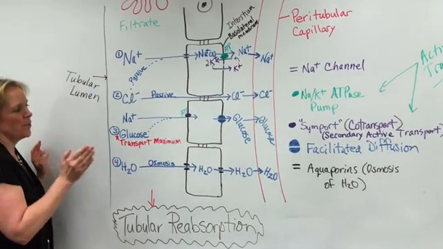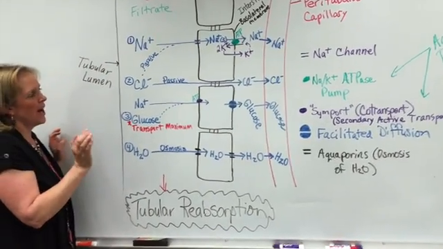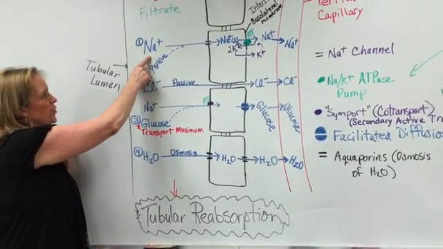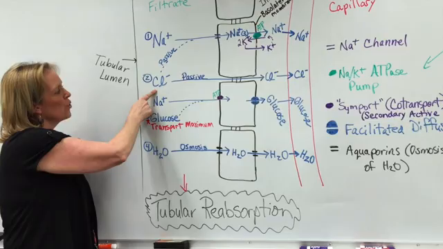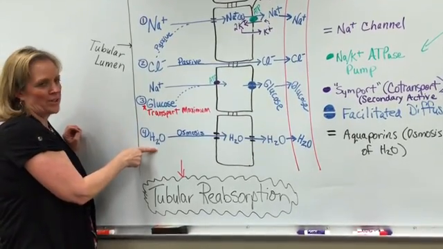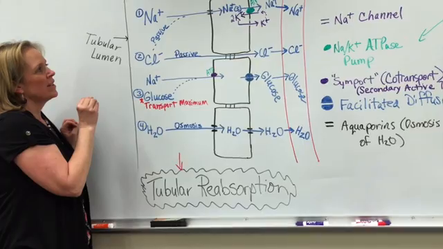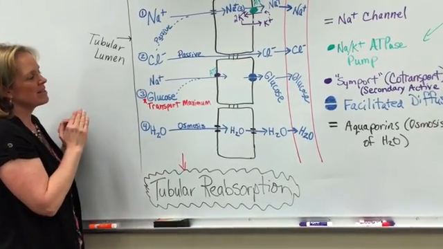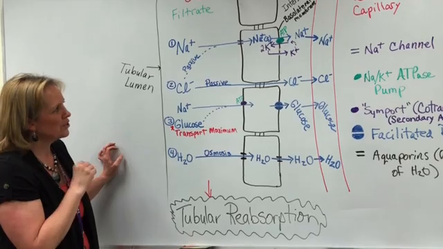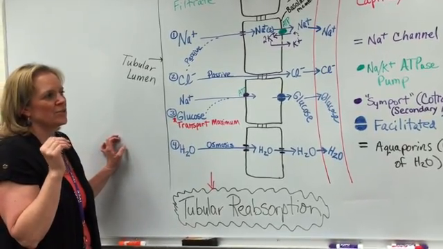So we are focusing on 4 items that get reabsorbed along the renal tubule: sodium ions, chloride ions, glucose, and water. Looking at how each of these ions or substances gets moved across the renal tubule will do 2 things.